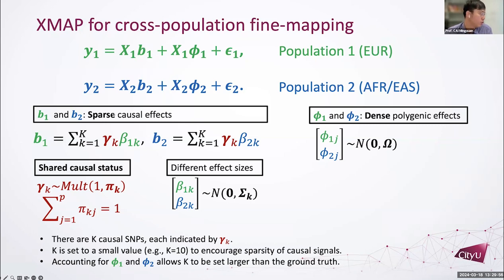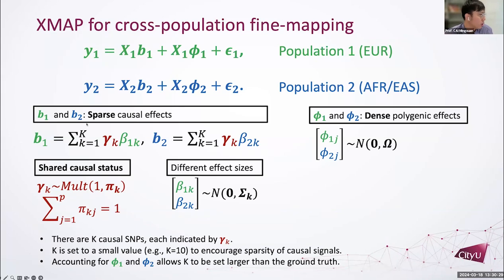Now let me first introduce our sparse causal effects. For population 1, B1 is a vector of P elements, which is the sum of K causal effects, borrowing the idea from SuSiE. We have K indicator vectors gamma K, each of which is a P vector with values 0 or 1, and each vector contains only one element being 1 and all other values being 0.